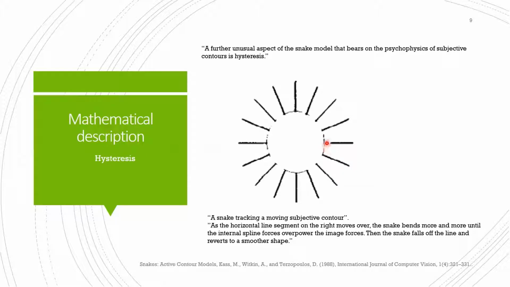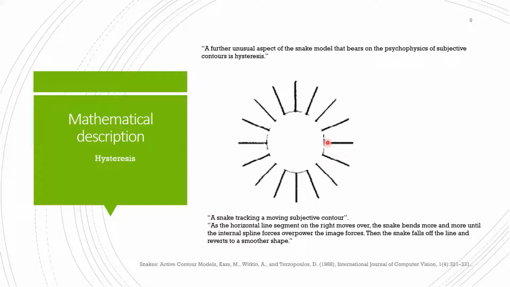But if it is stretched for a longer period, then at some point the snake has two options. If it is sticking with that object, then internal energy is increasing. But if it is leaving and going to its original position, then image forces will increase because of this line.